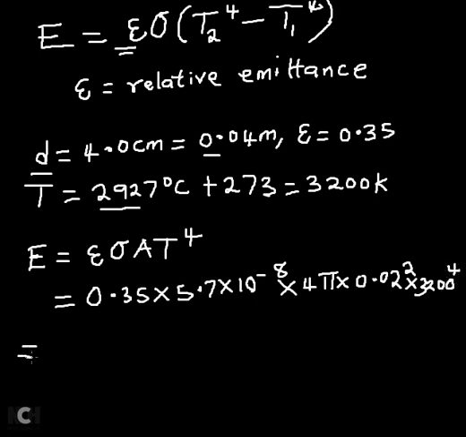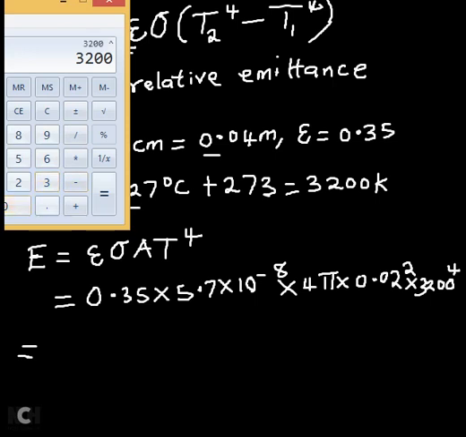Let's evaluate that. 3200 raised to the power of 4, multiplied by 0.02 raised to the power of 2, then times pi, which is 3.14, then times 4, times 5.7, then times 0.35.